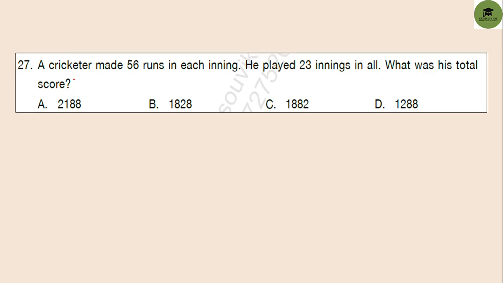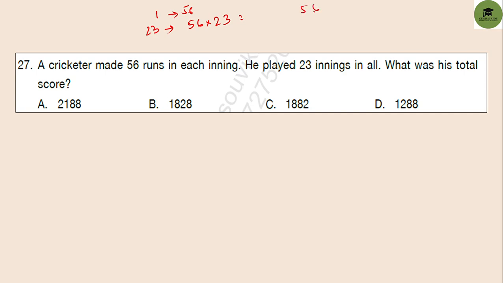Next one. A cricketer made 56 runs in each inning. He played 23 innings in all. What was his total score? So in each inning, the cricketer scored 56 runs. So in 23 innings, he scored 56 into 23. These are the total runs.